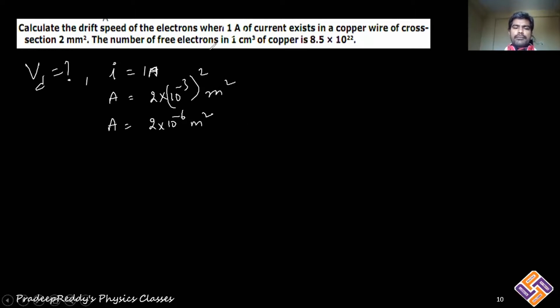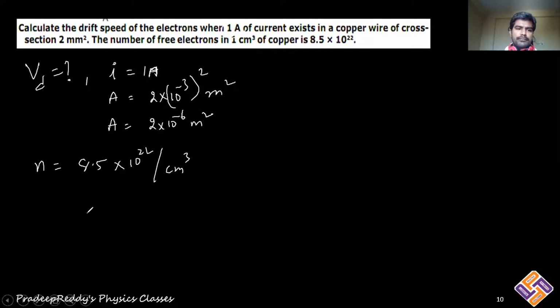And the number of free electrons in 1 centimeter cube of copper is 8.5 into 10 power 22. So that is the number density, given as 8.5 into 10 power 22 per centimeter cube. And remember, all other terms are in SI system. You need to convert this centimeter cube into meter.